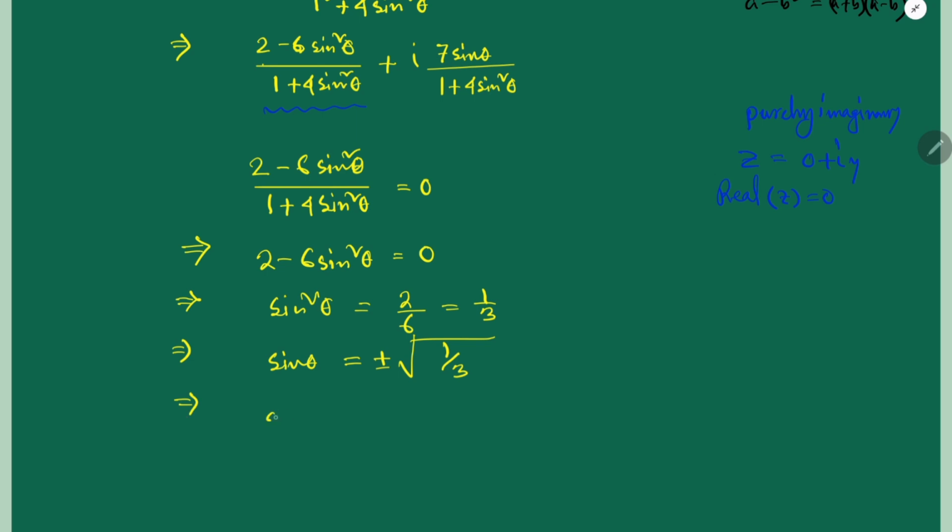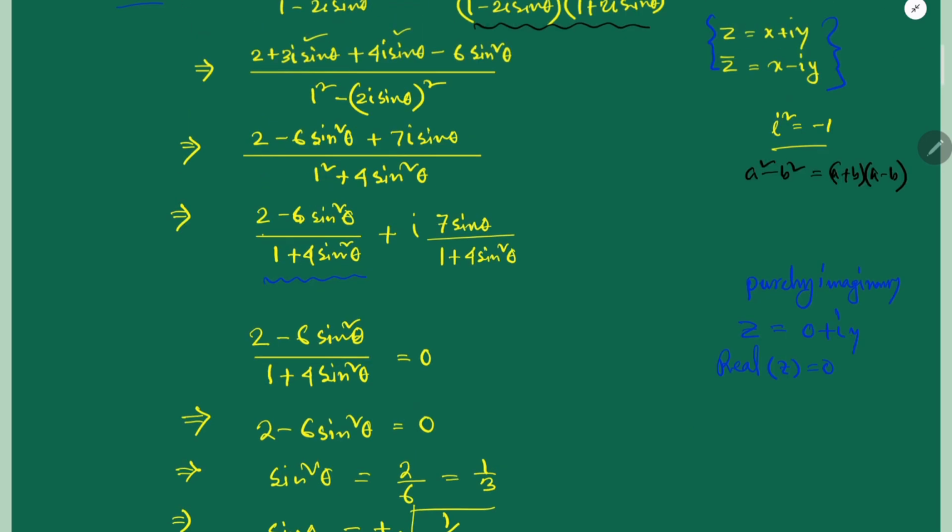So the value of theta will be sin inverse of plus minus root of 1 by 3. This can be written as plus minus sin inverse of 1 by root 3. So the value of theta will be this.